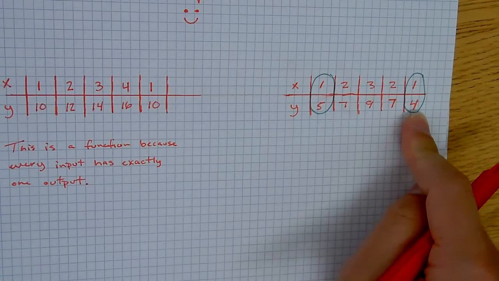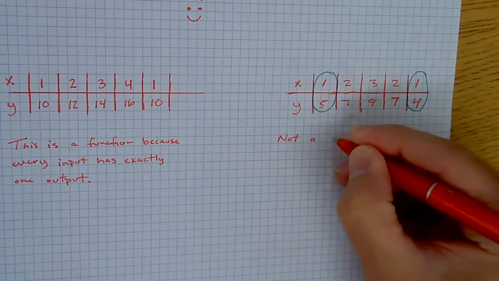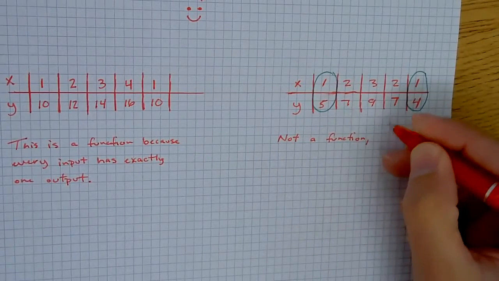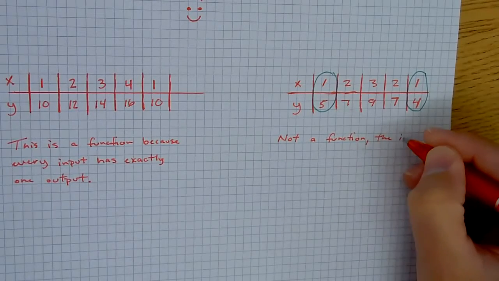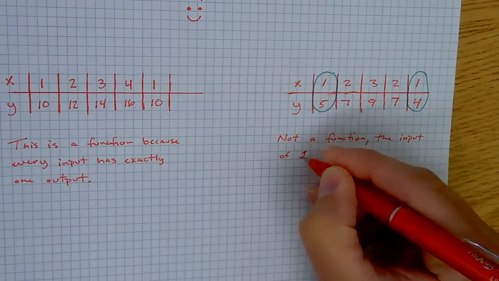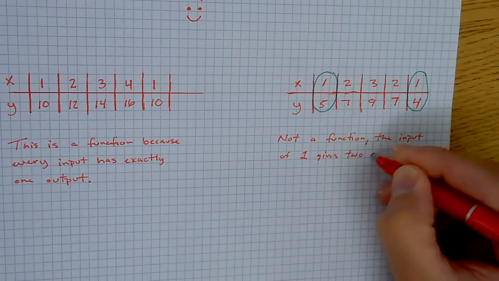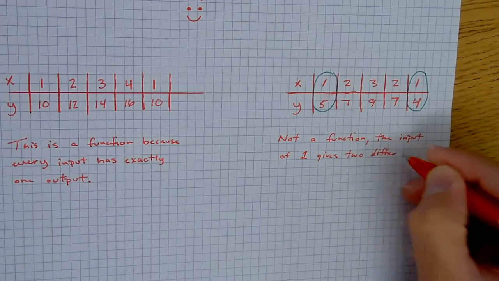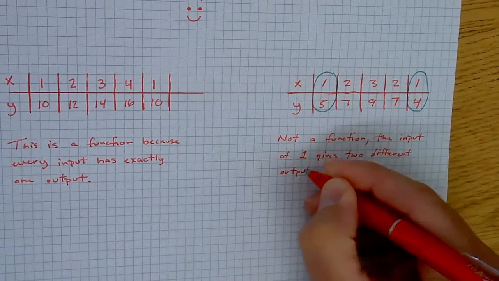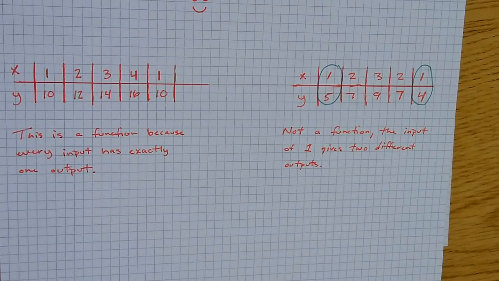So that would make this not a function, because the input of 1 gives us 2 different outputs.